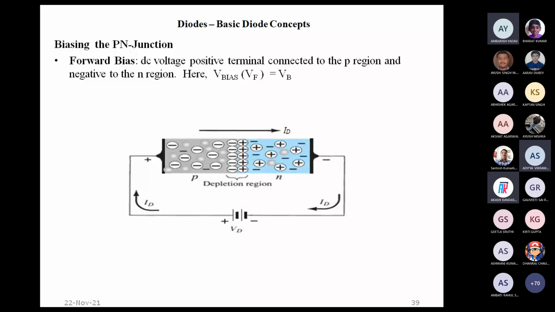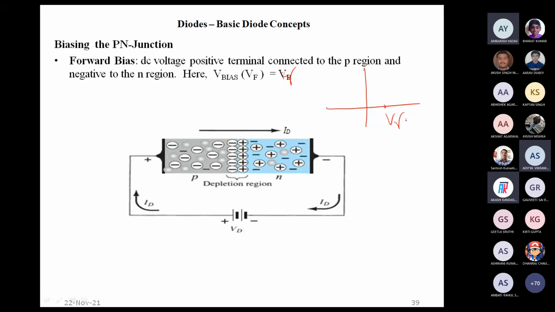So if we look, on the other hand, at a practical diode, it is not shown over here. For a practical diode, we will see that we need to apply a voltage. Here it is BV, but it is sometimes written as B gamma, the potential barrier.